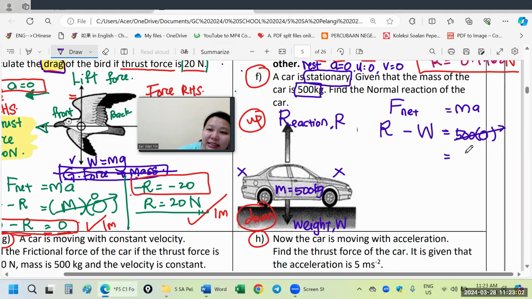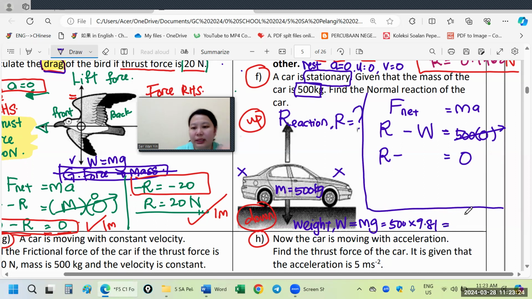Okay, so now this is 0. So normal reaction, we don't know, and we want to find normal reaction. Put a question mark here. Then weight equals to mg. So mg equals to 500 times 9.81. So we will get 4905 Newton.